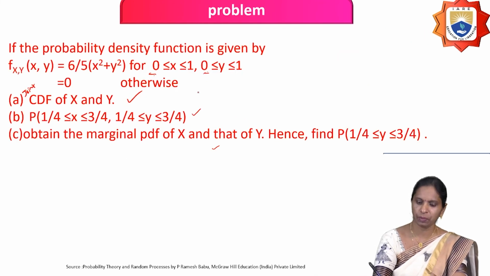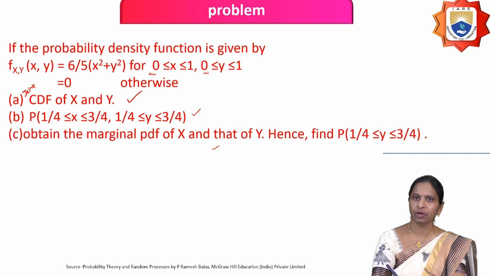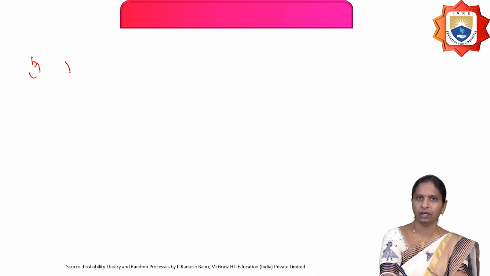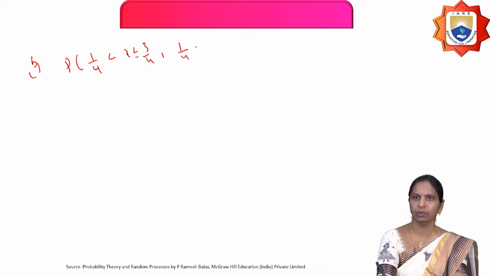And what is the second problem here? You have to calculate the probability that x takes values from 1 by 4 to 3 by 4 and y from 1 by 4 to 3 by 4. So which property do you have to use?